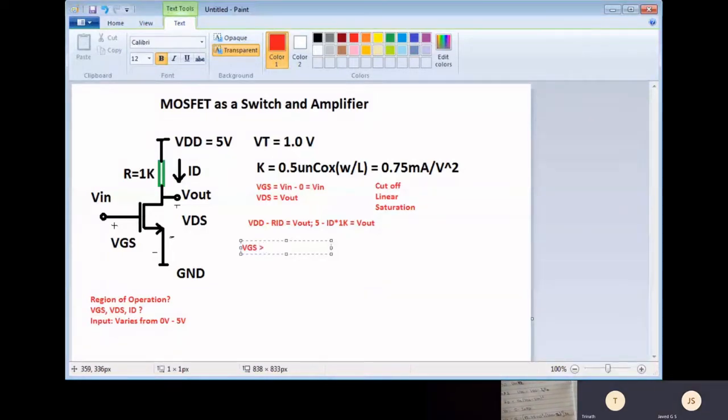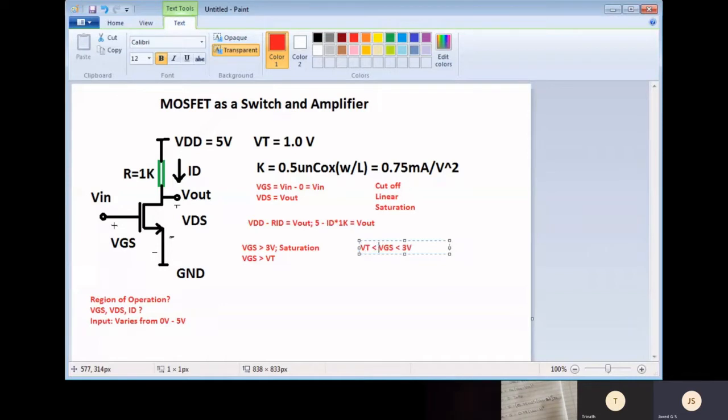And if VGS is less than 3 volts, then it will be linear region, and it should be greater than VT also at the same time. VGS has to be greater than VT, okay.